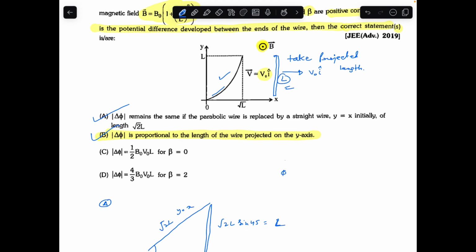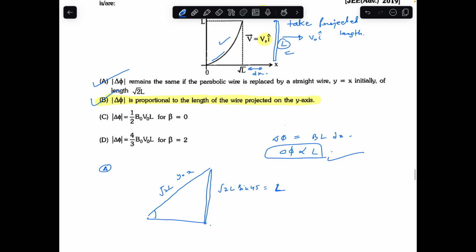So delta phi will be B L into dx, if I consider it's moving through a small distance dx. dx will be v naught into t, v naught dt. So delta phi is proportional to L, projected length on y-axis.